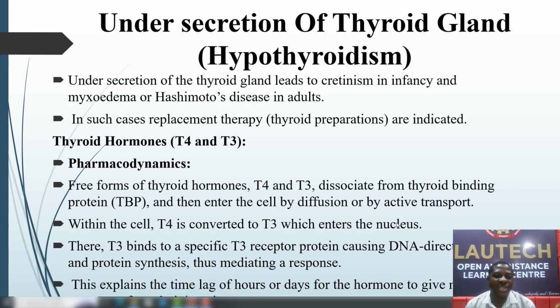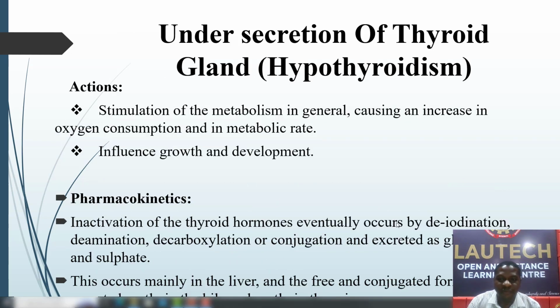There, the T3 binds to the specific T3 receptor proteins, causing DNA-directed mRNA and protein synthesis, thus mediating a response. These explain the time lag of hours or days for the hormone to give maximum effect.